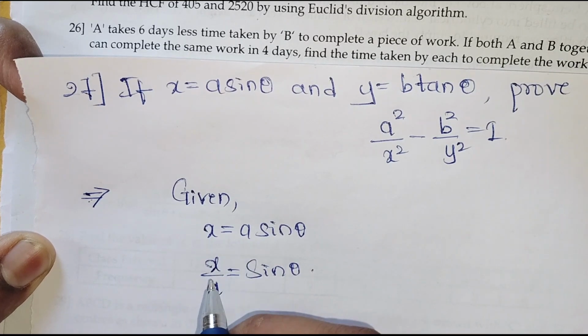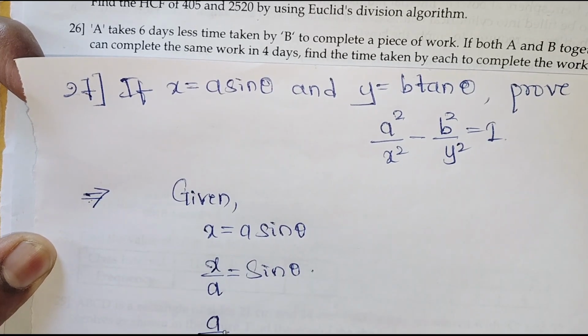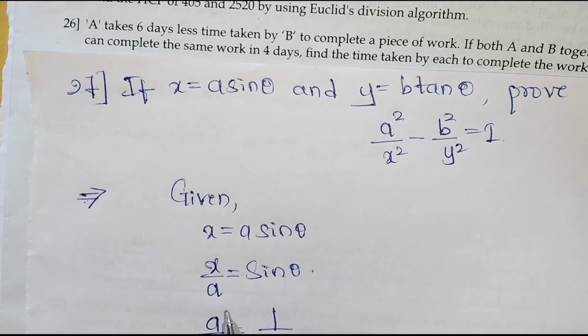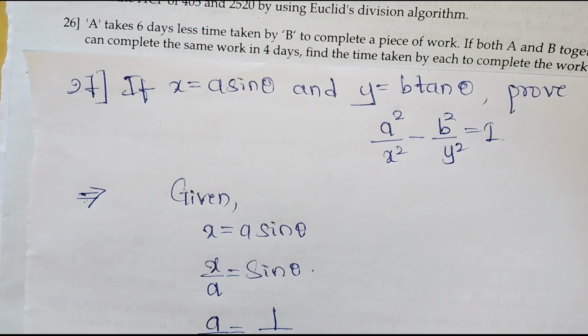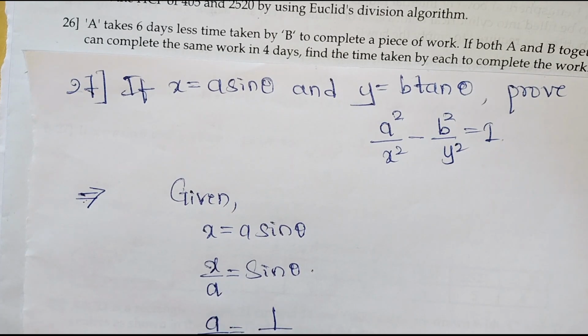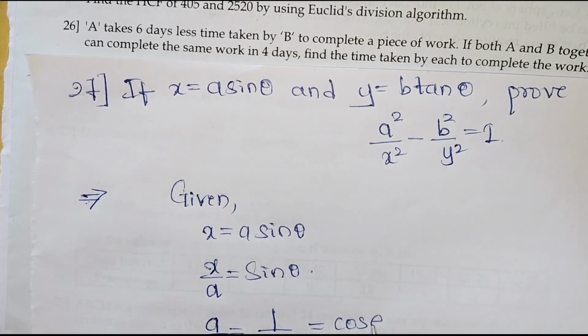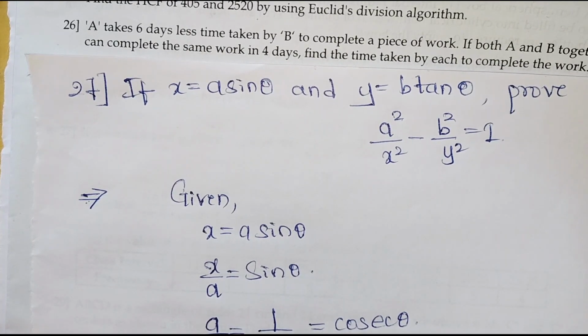Taking a to the LHS, it comes in the denominator, and a by x becomes 1 by sin theta when we take the inverse, the reciprocal. That can be written as cosec theta. We know that 1 by sin theta is cosec theta.